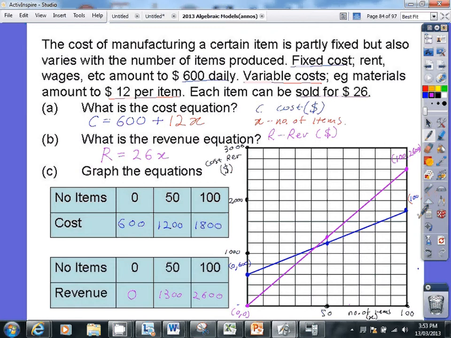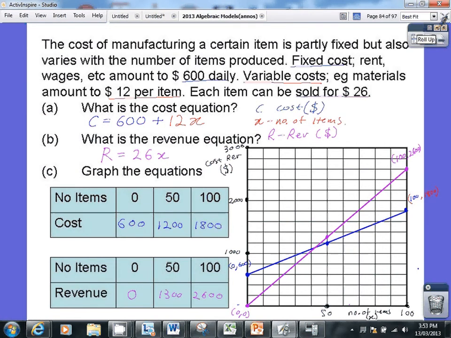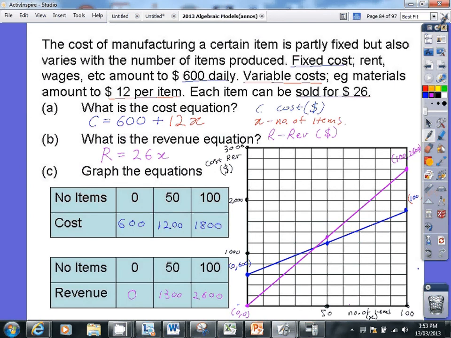So just have a quick look at that. There's your graph. You see that there's a distinct point where the lines cross. What does that mean? Here it is here. There's a point there. What does that point tell us?